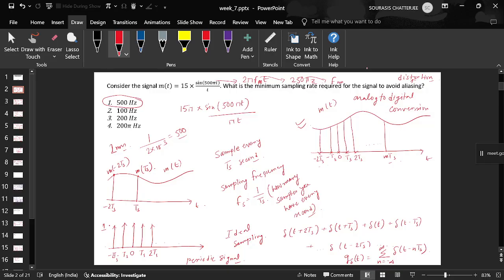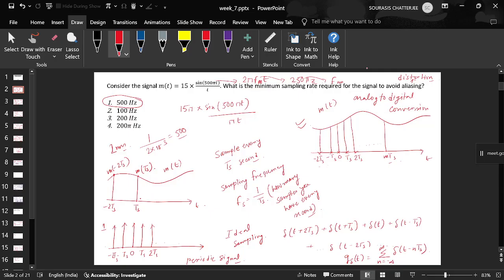These impulses are of unit amplitude, but when you multiply with the message signal, what will happen at the point minus 2 ts? The impulse will pick the value of the message signal at that particular time instant. Similarly at ts, it is going to pick the value of the message signal at that time instant.